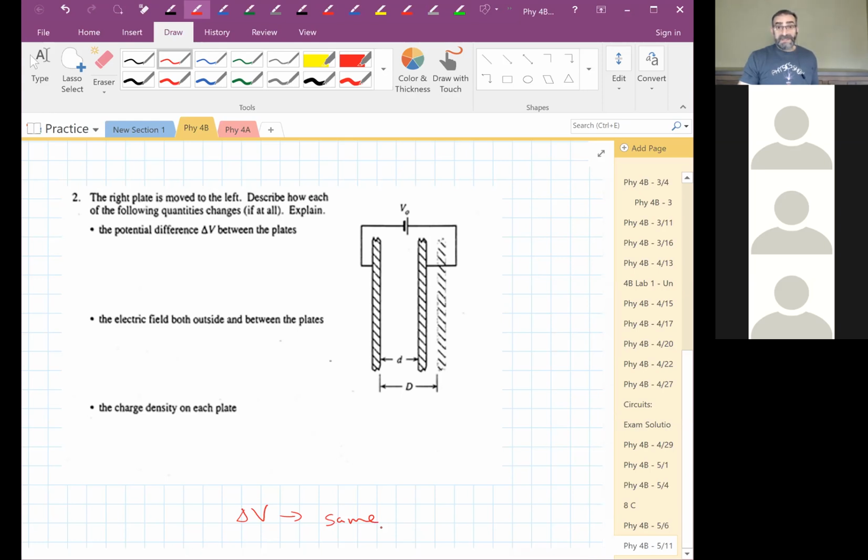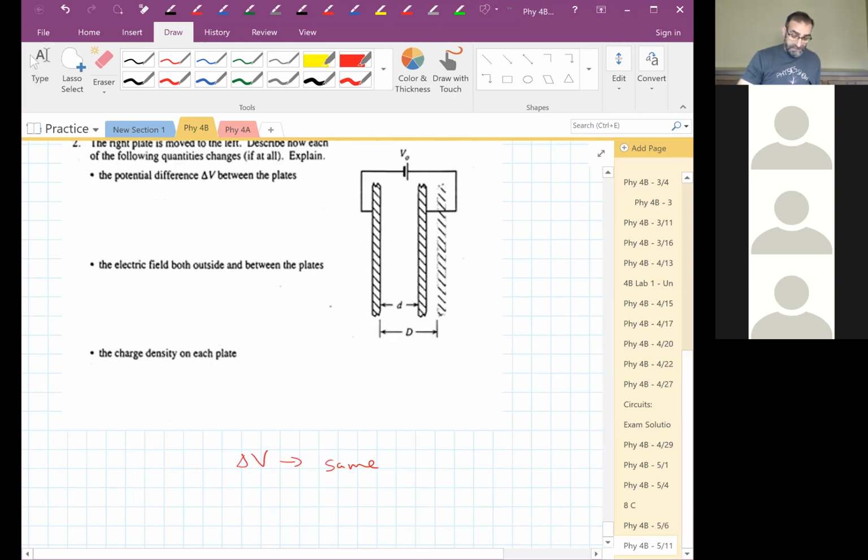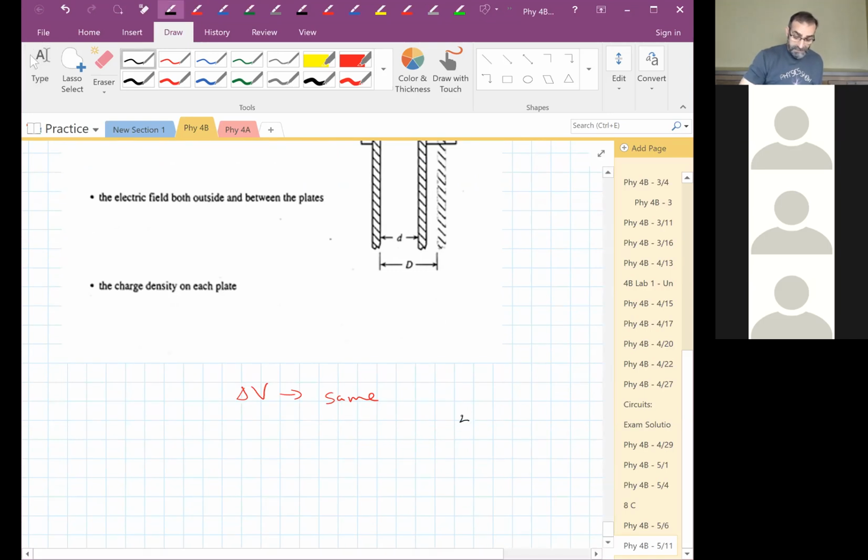So what's going to happen to our electric field? What happens to the electric field? Delta V stays the same.